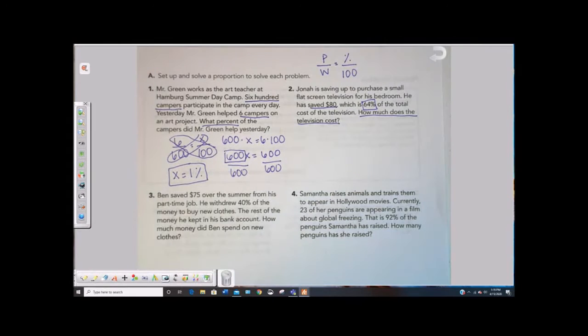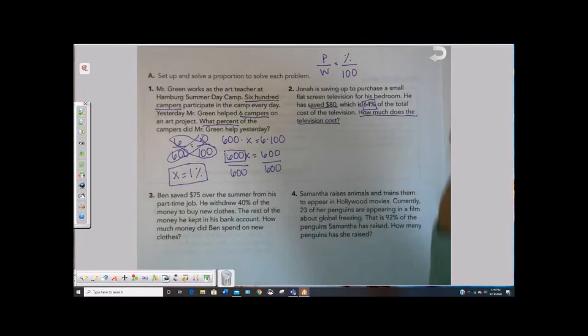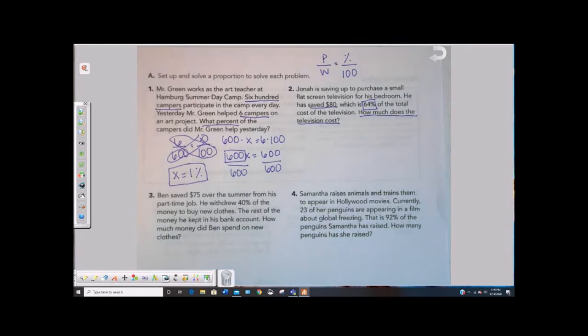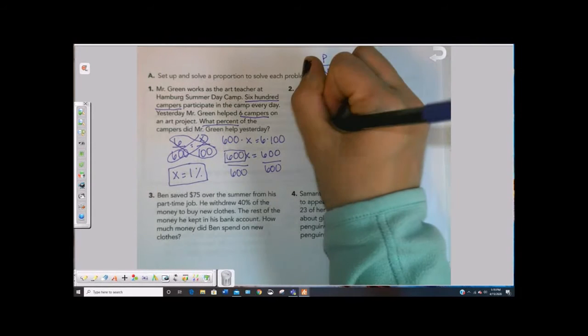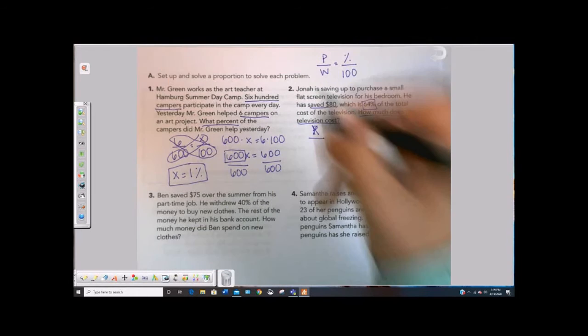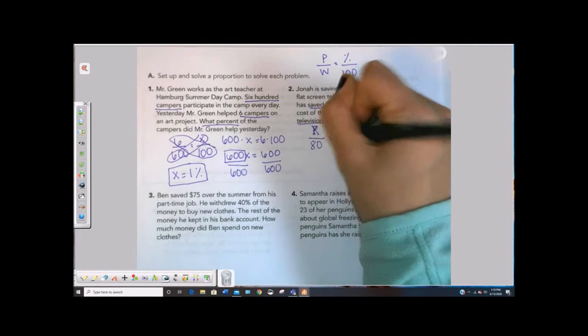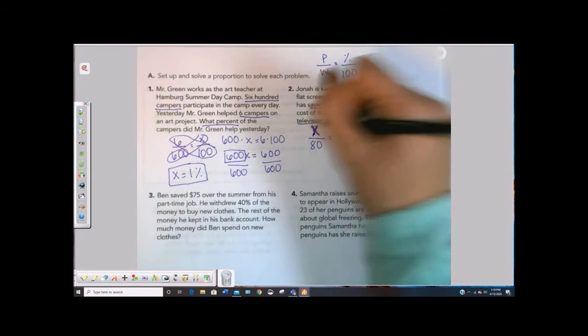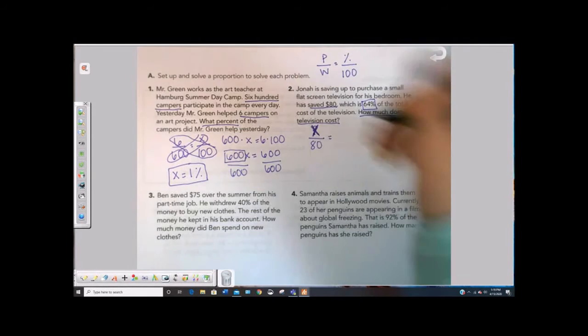So we're going to have x over 80 equal to 64 over 100.